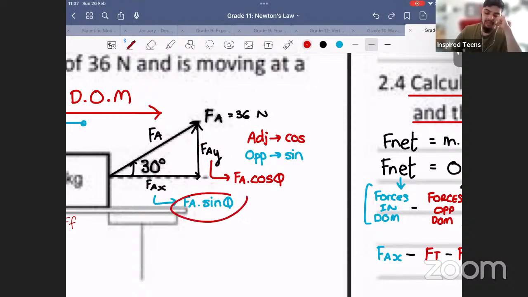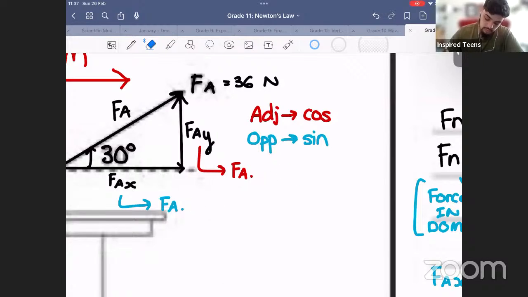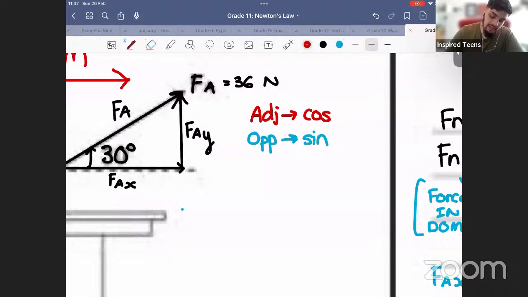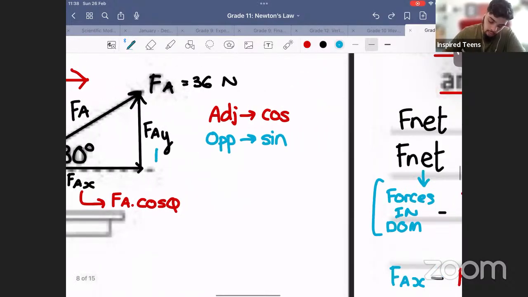So in our case, it's FA sine theta. No, this is incorrect. It's cos, sorry. It's not opposite, sorry, it's adjacent. FAX is adjacent, so it's going to be F applied times cos theta. Because FAX is adjacent to the 30 degrees, we're going to use cos. And then FAY is opposite, so we're going to use sine.